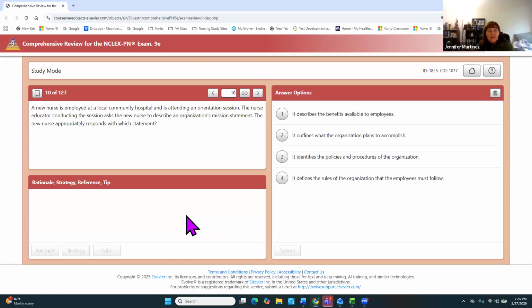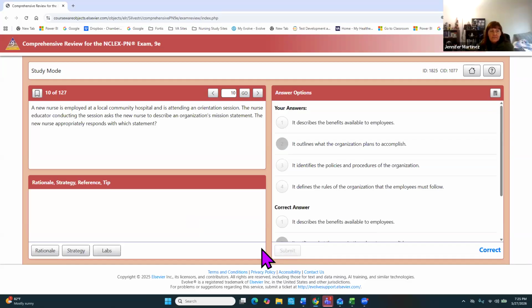Or 4, it defines the rules of the organization the employees must follow. 2. Okay, 2 seems to be the common answer.